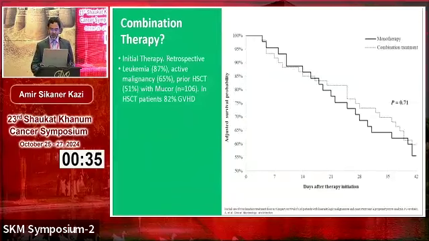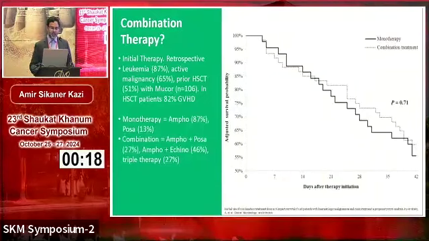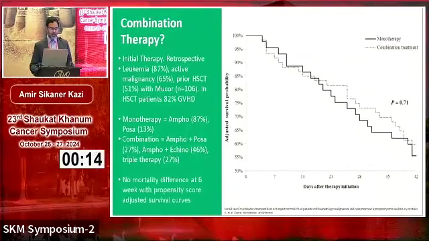This is Dr. Kontoyiannis' study from MD Anderson, which is a big stem cell transplant center. And this was, again, looking at initial therapy. They had a lot of sick patients with leukemia, active malignancy, stem cell transplant, and GVHD. They compared mono versus combination with various combinations, and found there was no mortality difference at 6 weeks with propensity score adjusted survival curves.